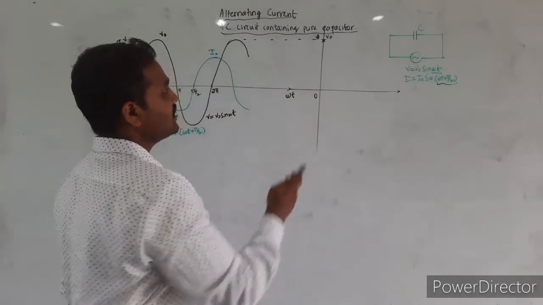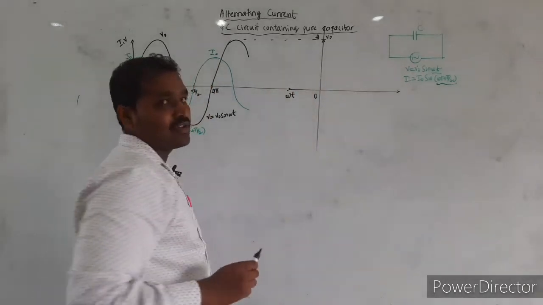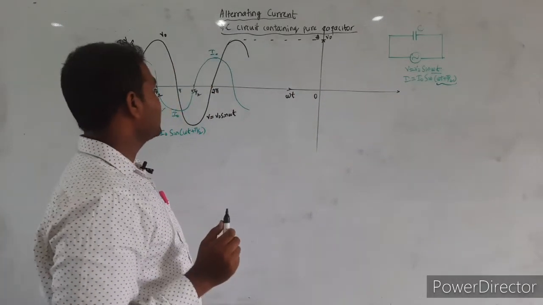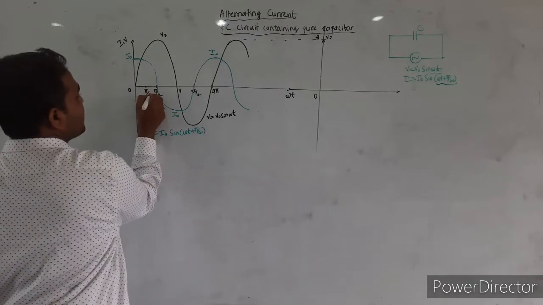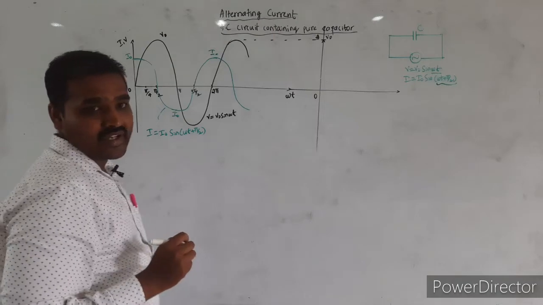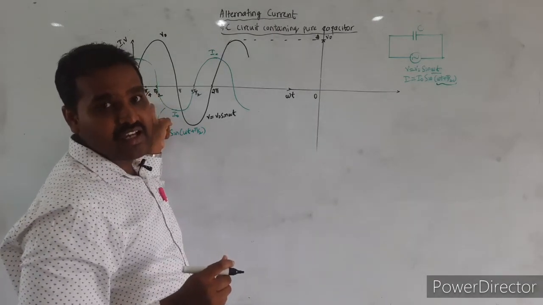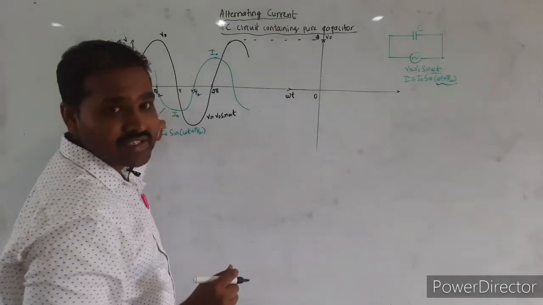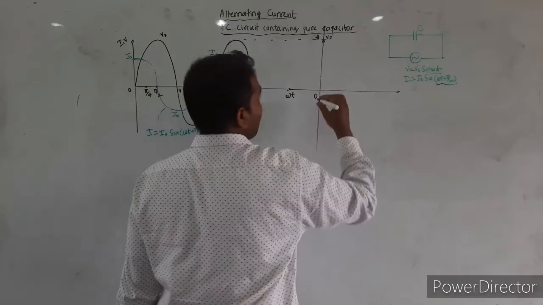The same phasor can be rotated by 360 degrees for different values of phase angle. Let me consider some random position here. Let me take the angle of pi by 4. Let us consider the values of instantaneous voltage as well as current when the phase angle is 45 degrees.